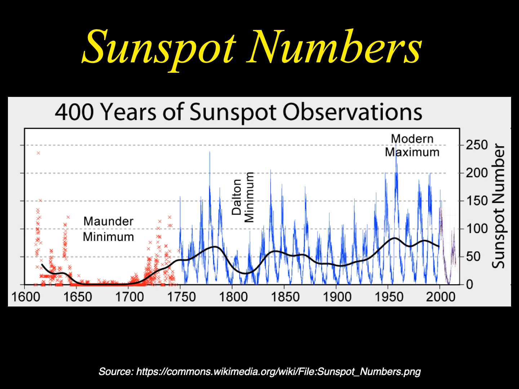So temperatures are still increasing globally, and actual solar output is declining a tad. You can see sunspot numbers were very, very low between 1650 and about 1725. This period of low sunspot activity is known as the modern minimum.